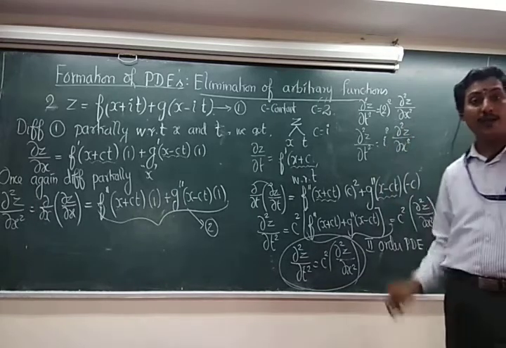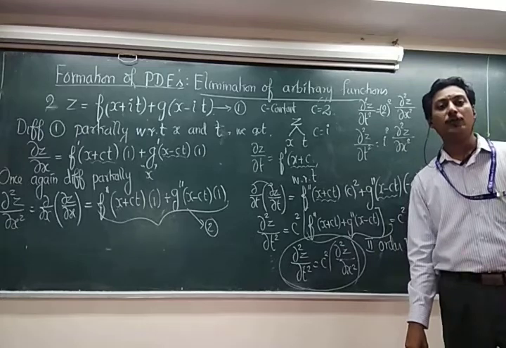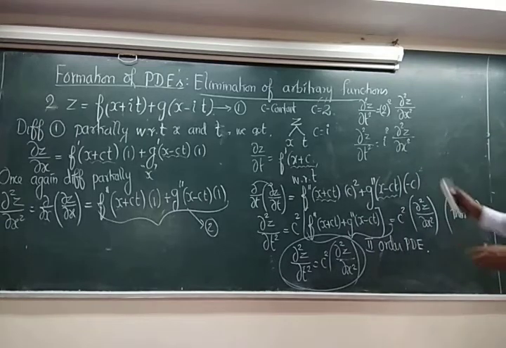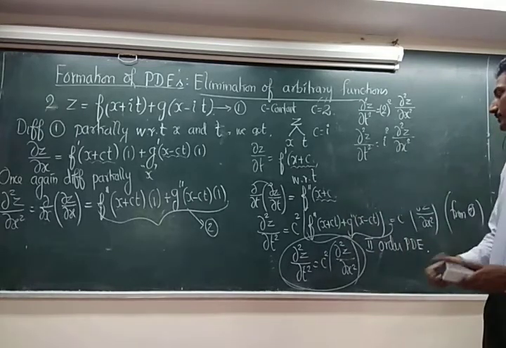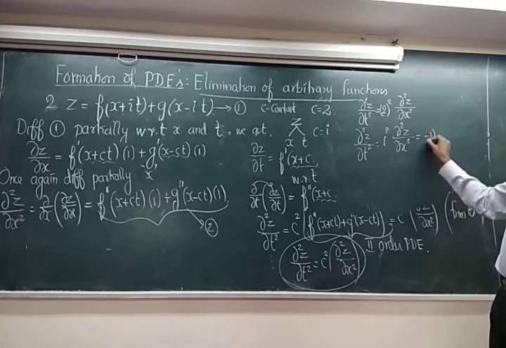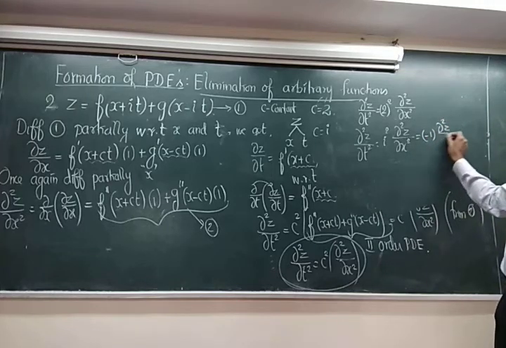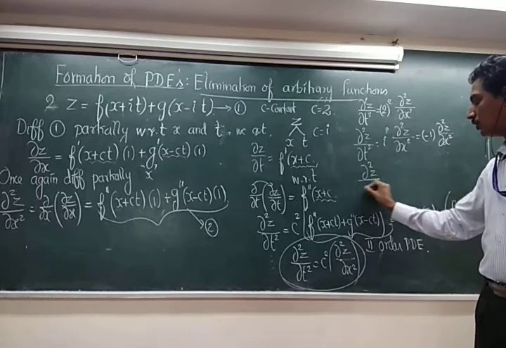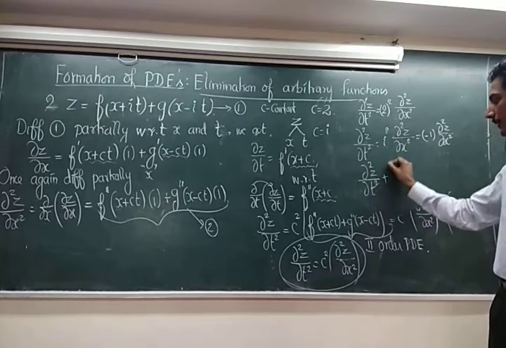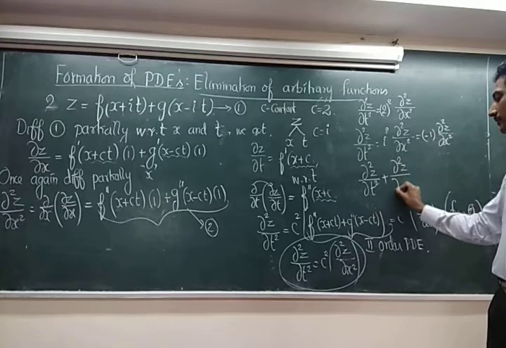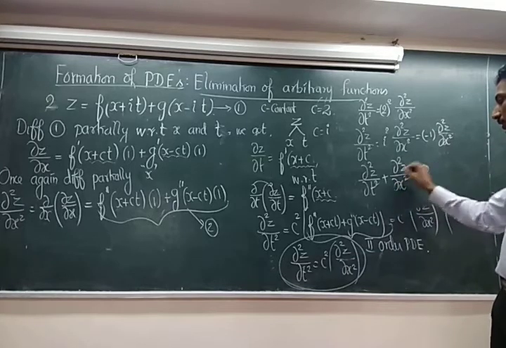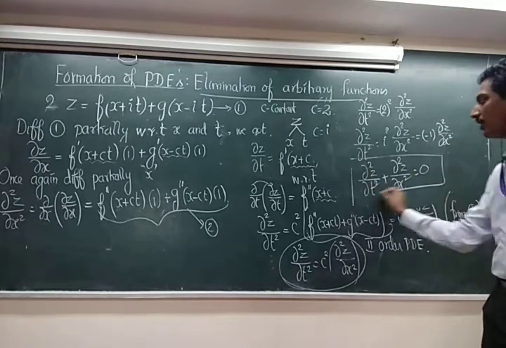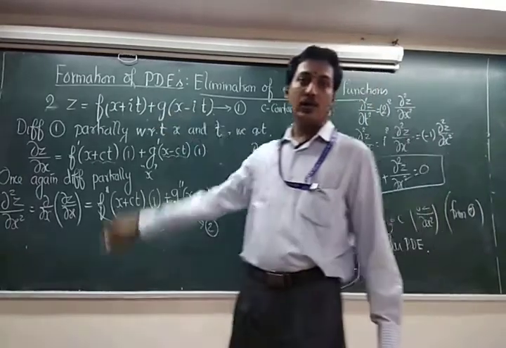What is the i squared value? It's a complex number. i² is minus 1. So what will we get? It is minus 1 into ∂²z/∂x². So by that way we get ∂²z/∂t² plus ∂²z/∂x² is equal to 0. So this is the required answer when c is equal to i.